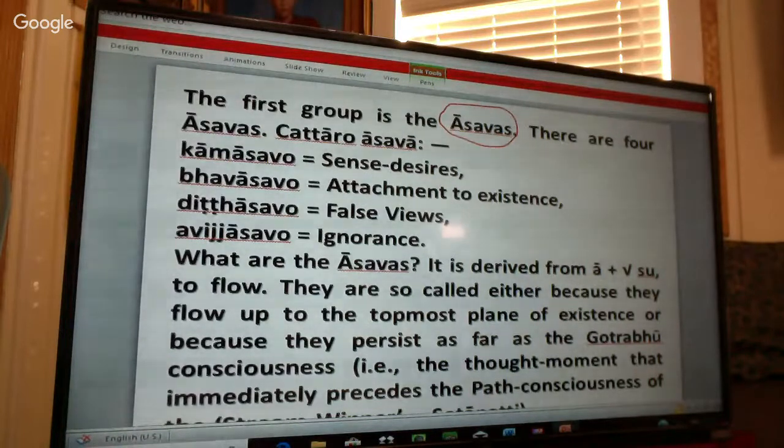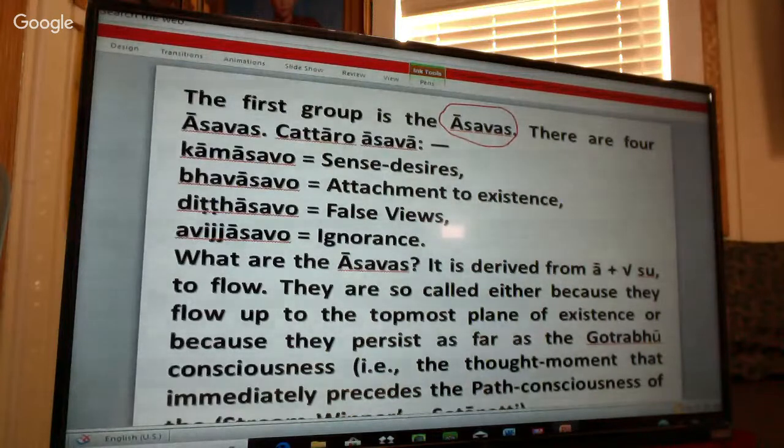We make this aspiration forever, every time. But mostly people, when they say it, don't know what the asavas are. Because if they don't learn like this, they don't know asava.